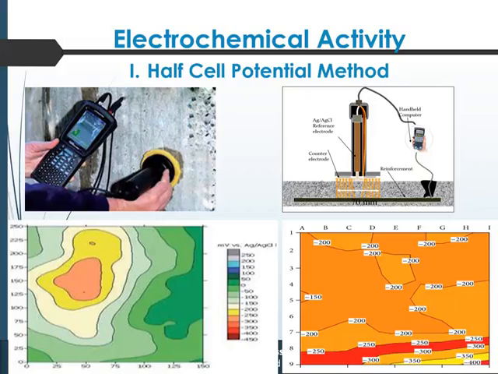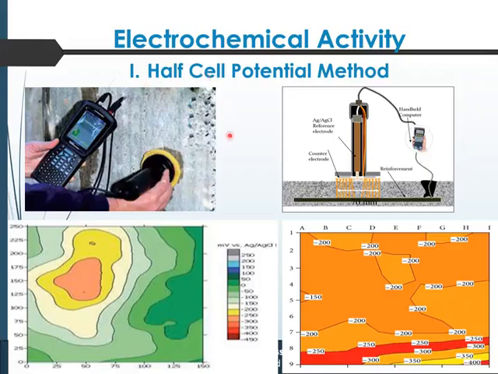Now how is this done? This voltmeter sometimes is handheld. You can just connect the lead. One wire connects to the reinforcement and the other, the copper sulfate half cell, is pressed against the concrete.